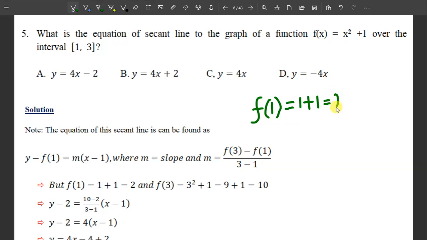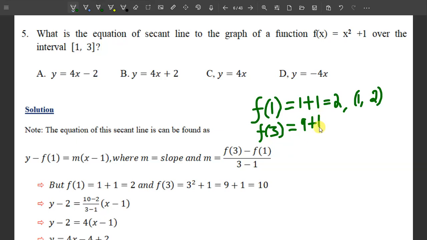This is 2, which means we have this point on the graph of that function, 1 and 2. The value of y is 2 and the value of x is 1. And also, what is f of 3? F of 3 is equal to 3 squared, replacing x by 3 in the given function. 3 squared, which is 9. 9 plus 1, the sum of the 2 is 10.